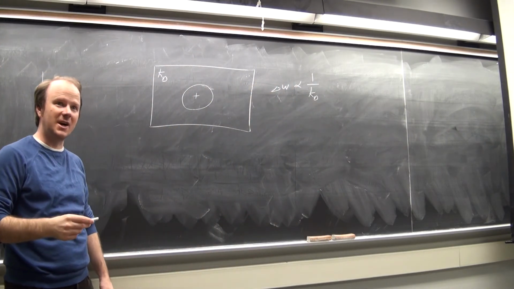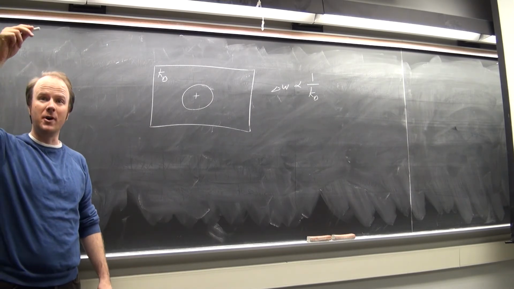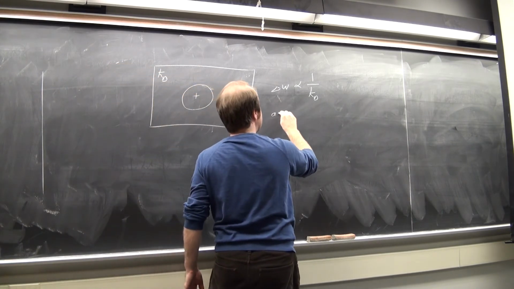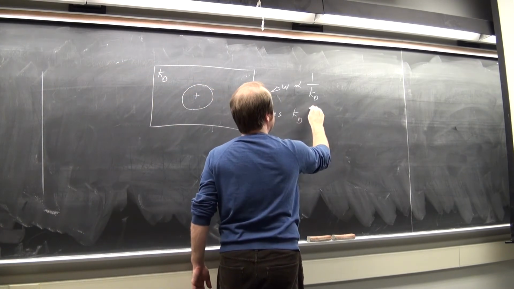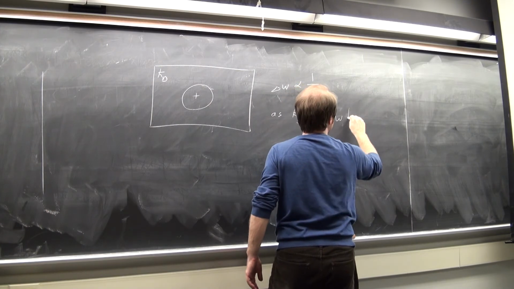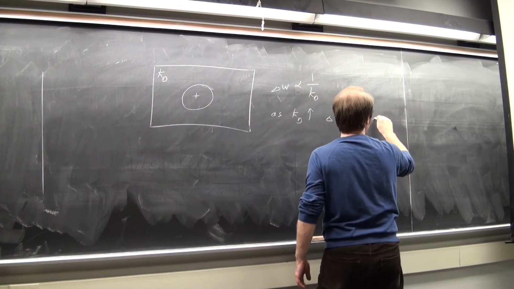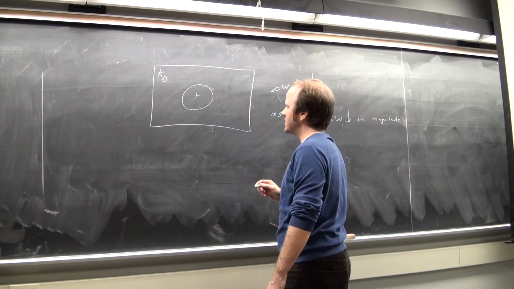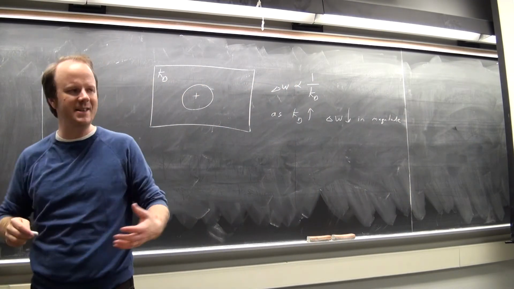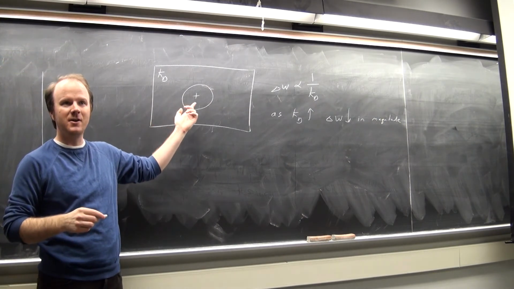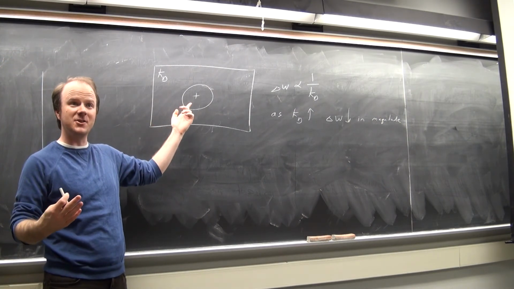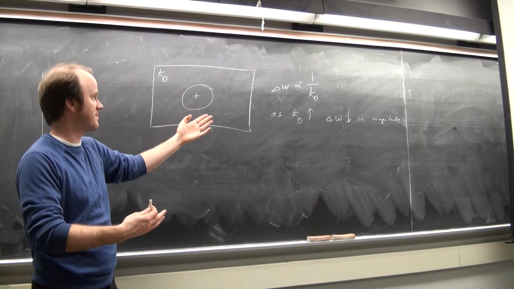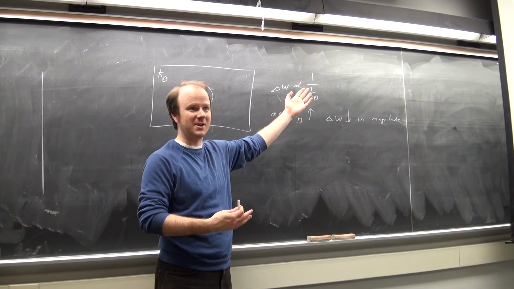So as dielectric constant goes up, Born energy is going to get smaller in magnitude, right? So as kd goes up, delta W goes down in magnitude. And so if we want to create this charge in water, we have less self-energy than if we want to create this charge in a vacuum, right? Because of this relationship with dielectric constant.